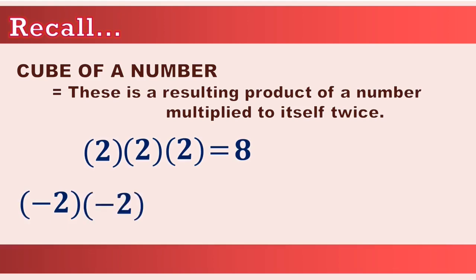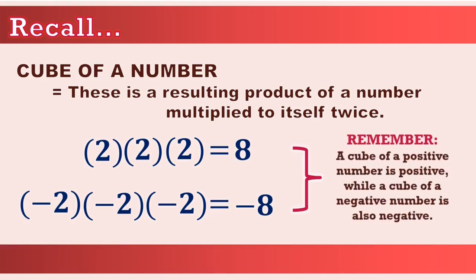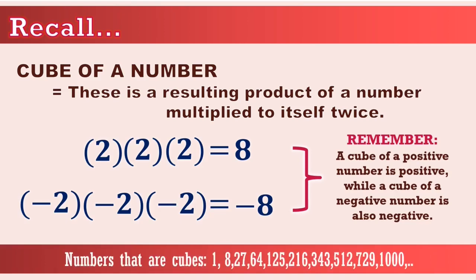Negative 2 multiplied by negative 2, multiplied again by negative 2, the resulting product is negative 8. Notice here, 8 and negative 8 are cubes. So remember, a cube of a positive number is positive, while a cube of a negative number is also negative. Some of the cubes are 27, 64, and so on.